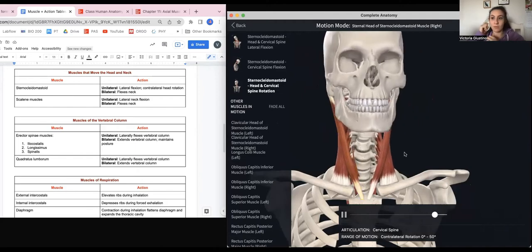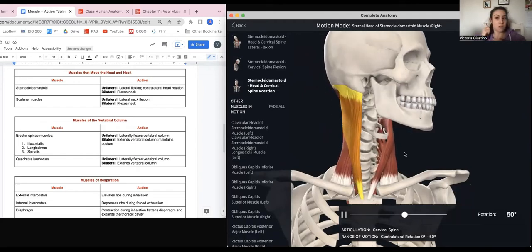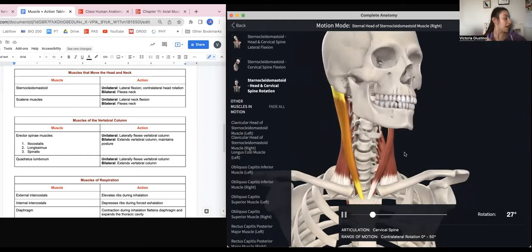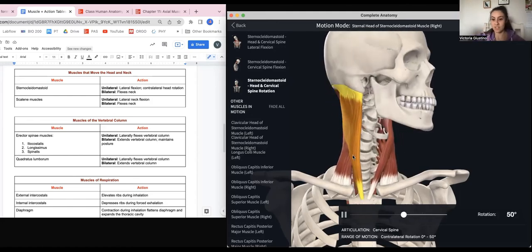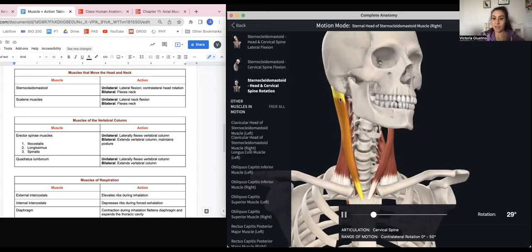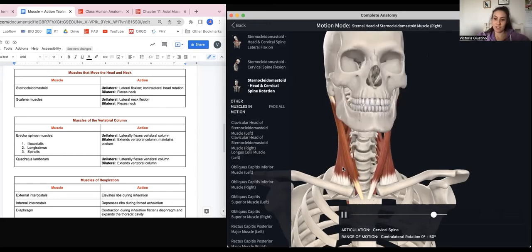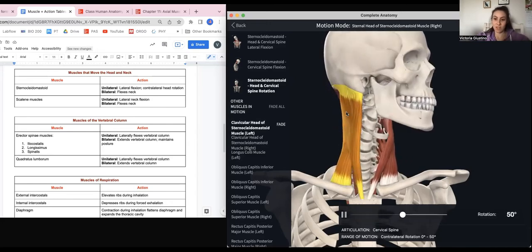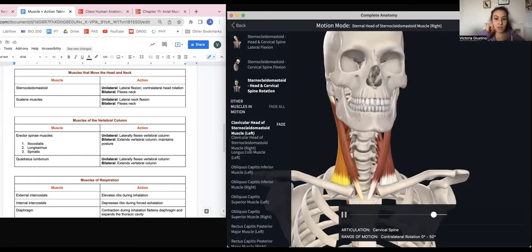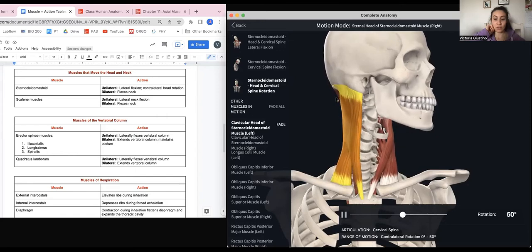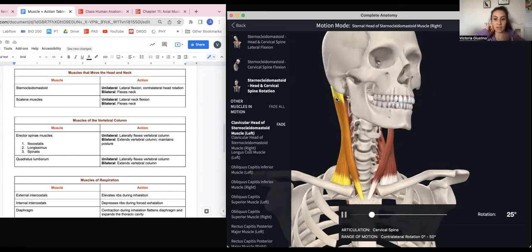So if I pull that rope, it's going to rotate my head to the left, so the opposite side that the muscle's on, which you can see clearly here as well. So remember, here is the right sternocleidomastoid muscle, both of these parts. And so since it's unilaterally contracting, it's pulling this person's head to the left.